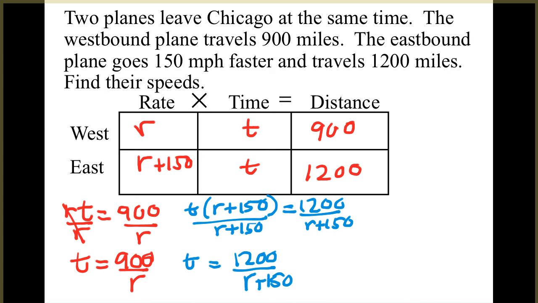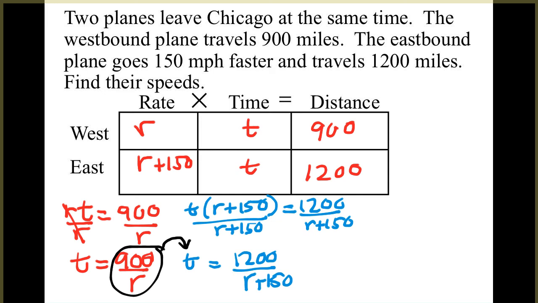So now what I have is something I can go back to chapter 8 and use one of the methods that we learned there. If t is equal to 900 over r and t equals 1200 over r plus 150, then I just substitute in. Solve using substitution. And there's my equation.